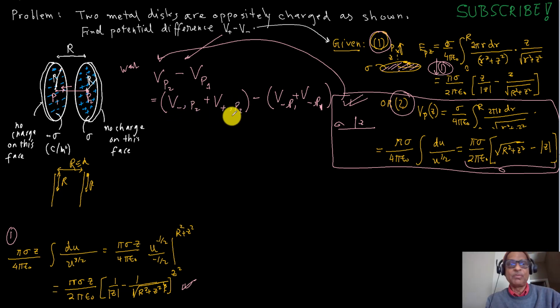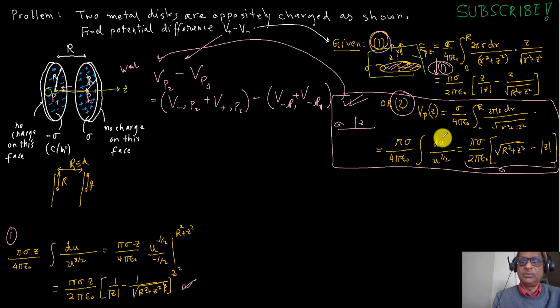Let's set up a coordinate system here. Let's call it the z-axis, and let's call this the origin, just like over here, we have a coordinate system because the formula is set to this coordinate system.